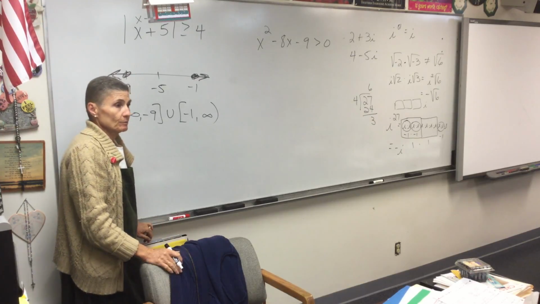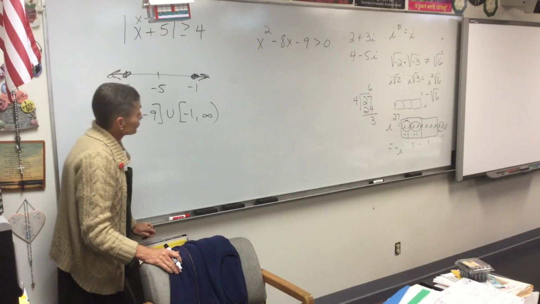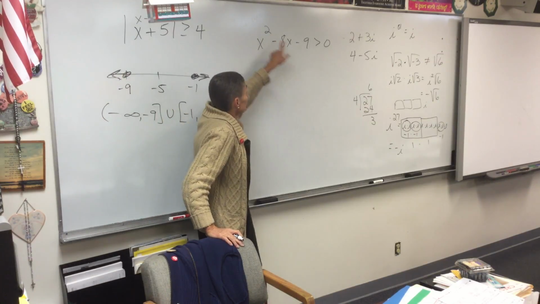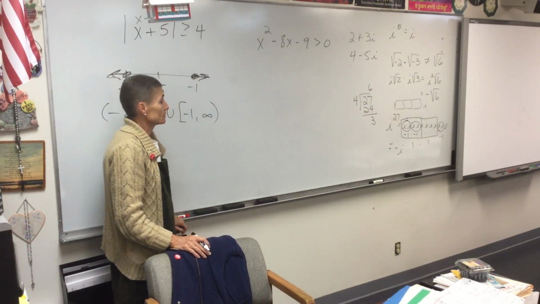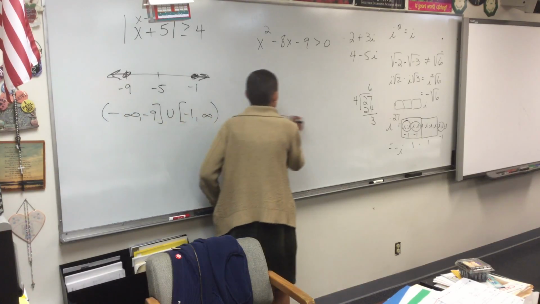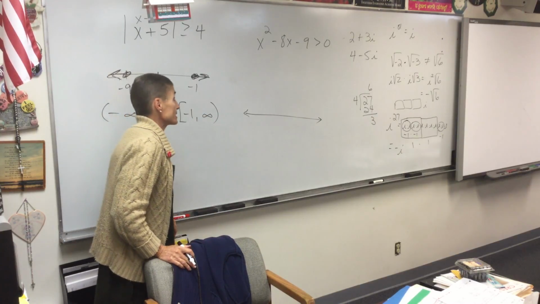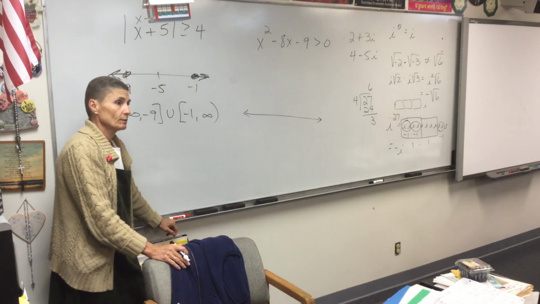No absolute value. This is called a quadratic inequality. It's going to involve a number line and shading, just like this one did. But since it's a different kind of problem, we're gonna do it a little bit differently.